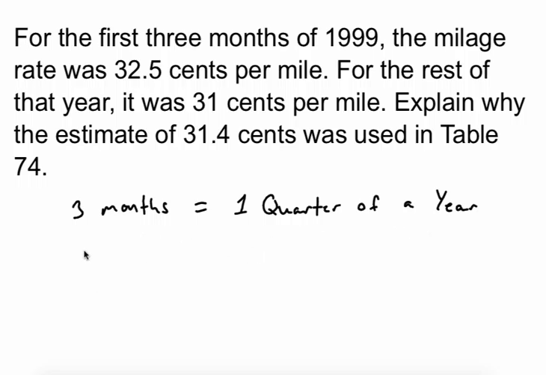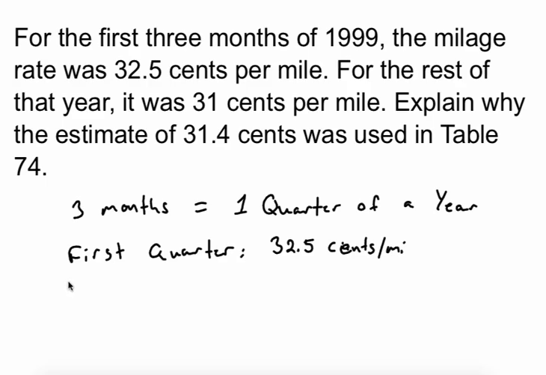So really what this is telling us was that for the first quarter, it was 32.5 cents per mile. And then for the second through fourth quarter, it was 31 cents per mile.